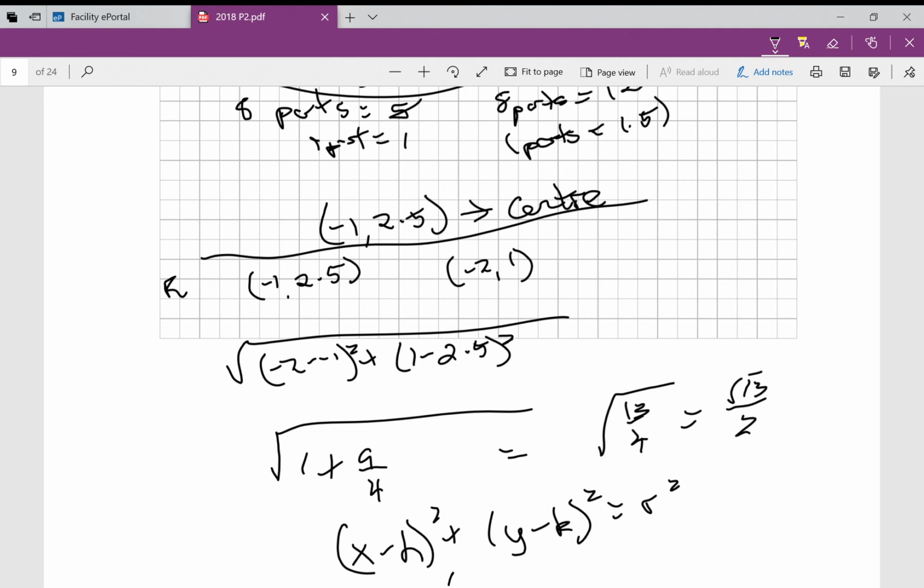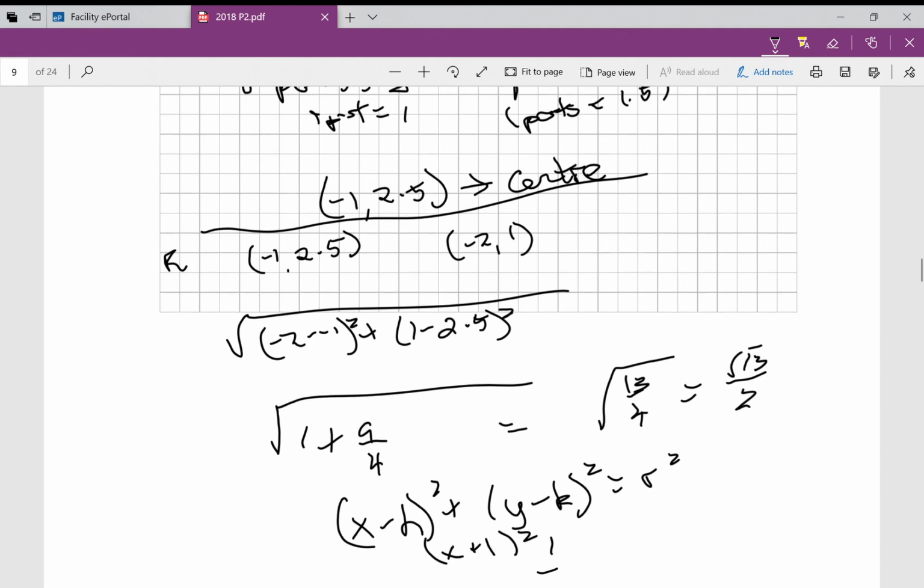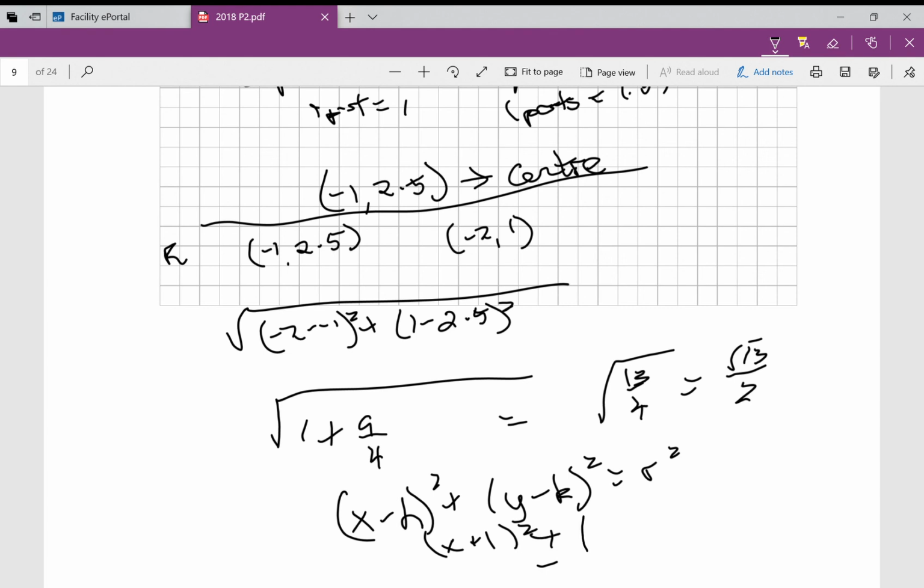So that's x plus 1 squared plus y minus 2.5 squared equals root 13 over 2 squared. You don't have to touch the left hand side, so you just leave it as it is. Change the right hand side to 13 over 4 though. So it's x plus 1 squared plus y minus 2.5 squared equals 13 over 4.